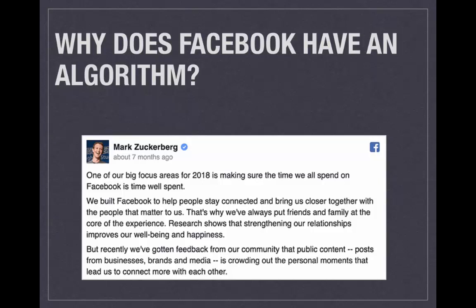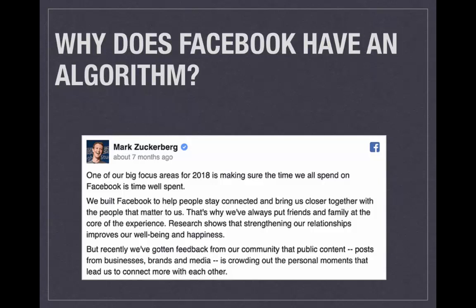He continues: we built Facebook to help people stay connected and bring us closer together with the people that matter to us. That's why we have always put friends and family at the core of the experience. Research shows that strengthening our relationships improves our well-being and happiness.